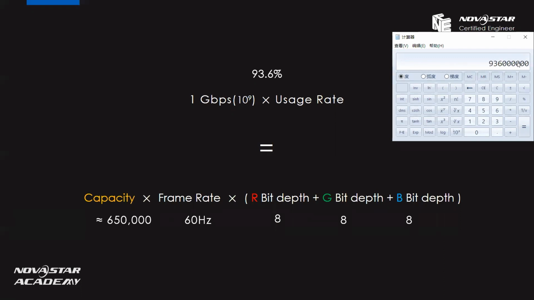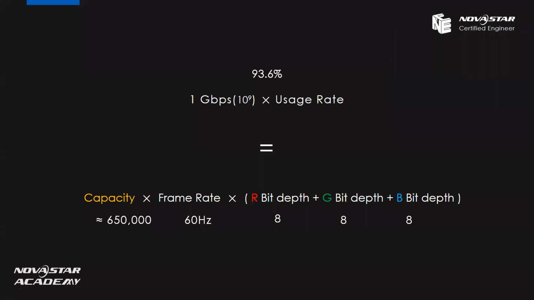This time divided by 50 Hertz. And the color depth 8, 8, 8, 24. Okay, then after calculating, we can find if the frame rate is 50 Hertz, the capacity is 780,000 pixels.